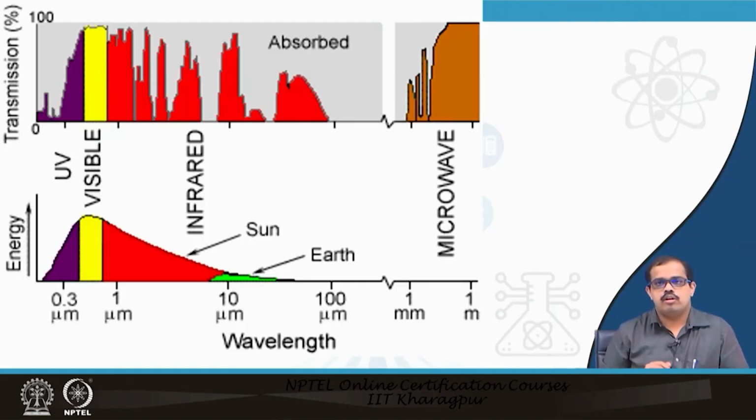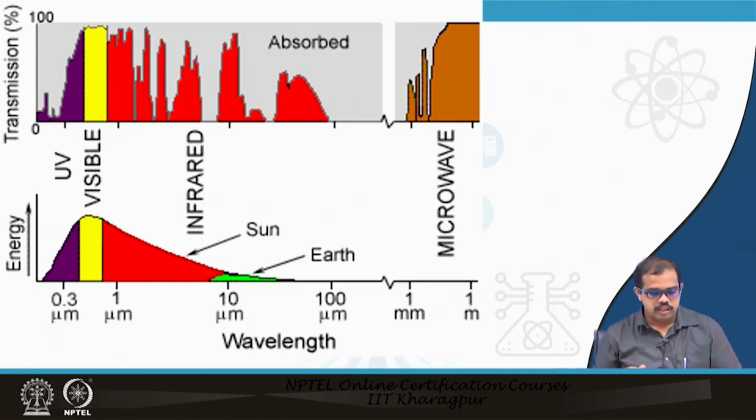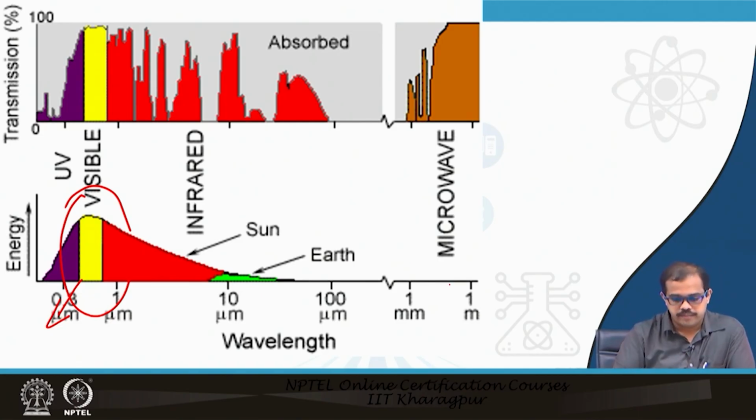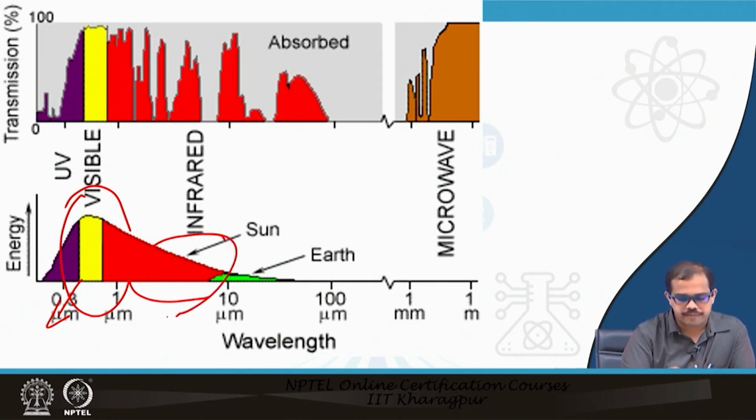Okay, to give you more understanding about it, if you look at the wavelength here, this is where the visible region is, and you see the wavelength is shorter. When the wavelength is shorter, it has higher energy, the energy is very high. As the wavelength increases, the energy decreases. So, when you look at the sun's wavelength, it is somewhere here.